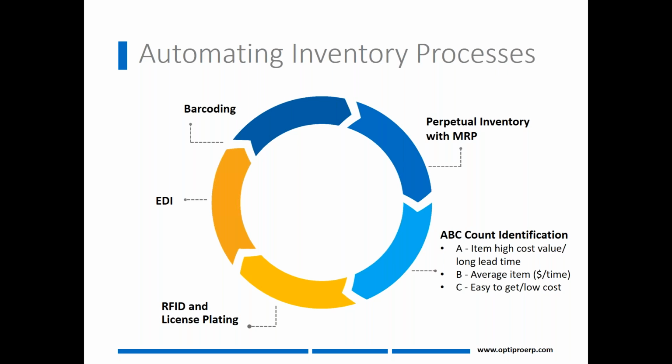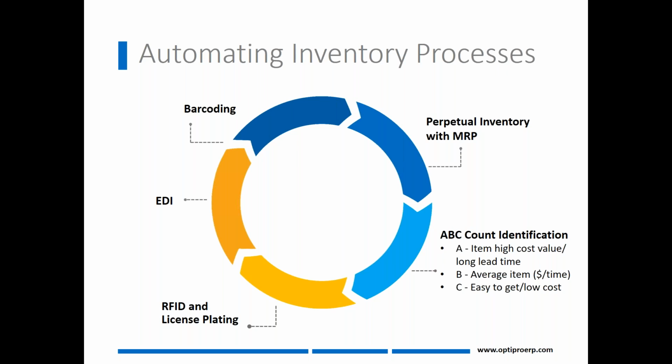Another very important tool in automation of the inventory practices and bringing things back into line is to use an ERP system for cycle counting. And the best way to control cycle counting is the ABC method. So that is to say, A items have a very high cost value.